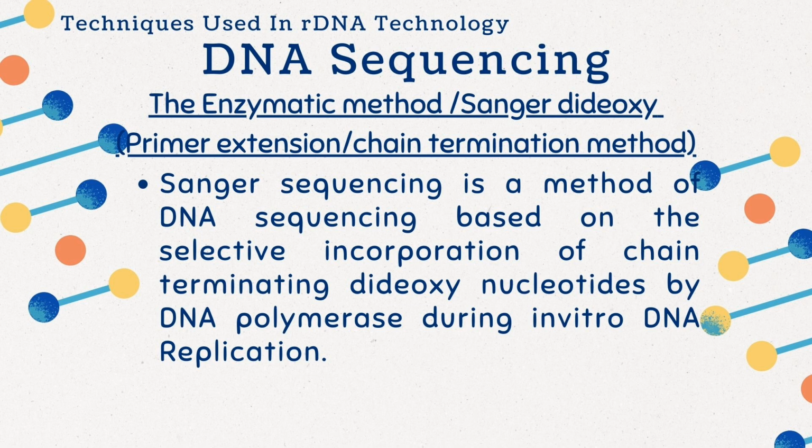So, it works by using a special kind of molecule na tinatawag nating dideoxynucleotides, to stop the replication process at a specific point. So, ito ay ginagamit ng mga scientists para mabasa at ma-record yung base pairs in the DNA sequence. So, itong method na ito is often used in research labs and medical settings para mapag-aralan yung genetic diseases and para malaman yung mga mutations that may cause them.